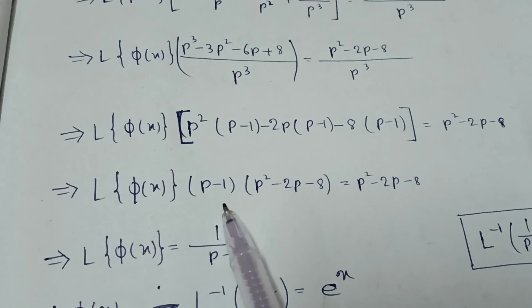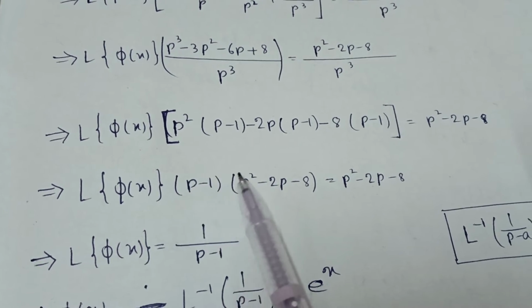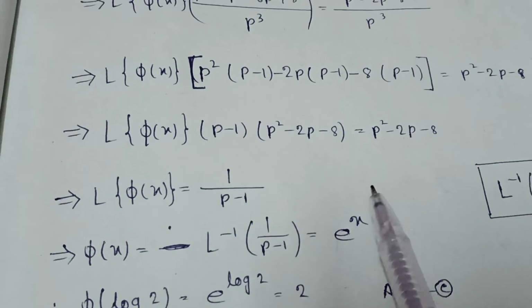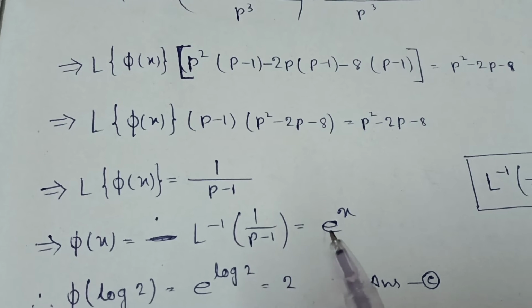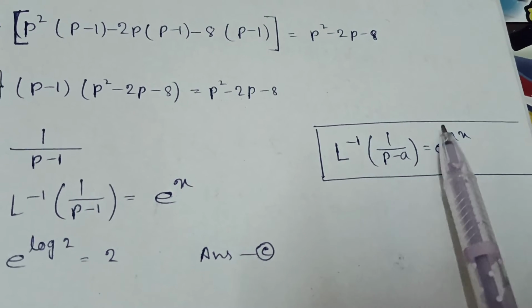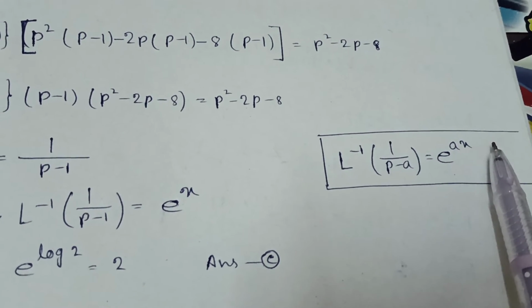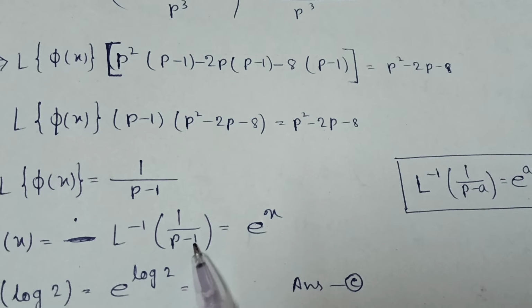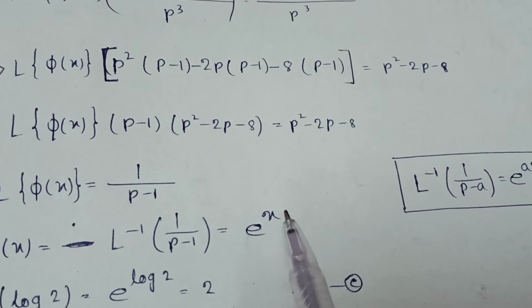So L of phi(x) becomes 1 over p minus 1. Phi(x) is equal to L inverse of 1 over p minus 1. We know that L inverse of 1 over p minus a is e to the power ax. Here the value of a is 1, so we get e to the power x.